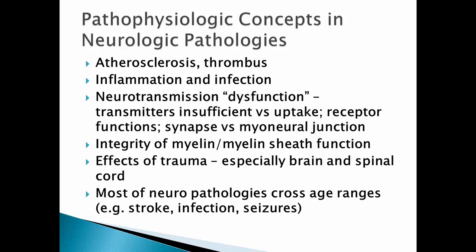When we talk about dementia, Parkinson's, and altered mentation levels, we think more about elders. However, stroke, infection, and seizures cross all age ranges, so we need to be aware of that regardless of the age of our practice population.